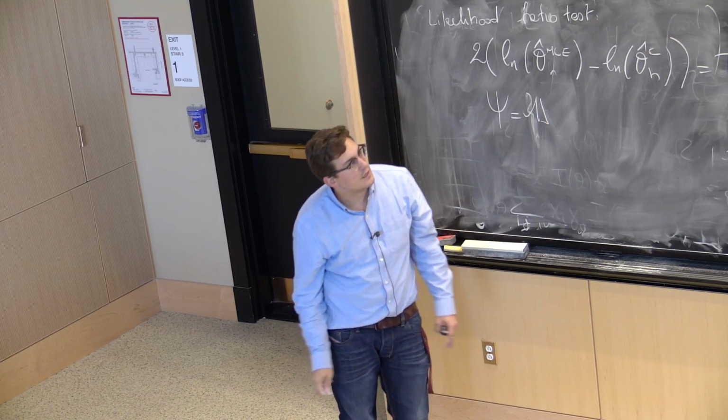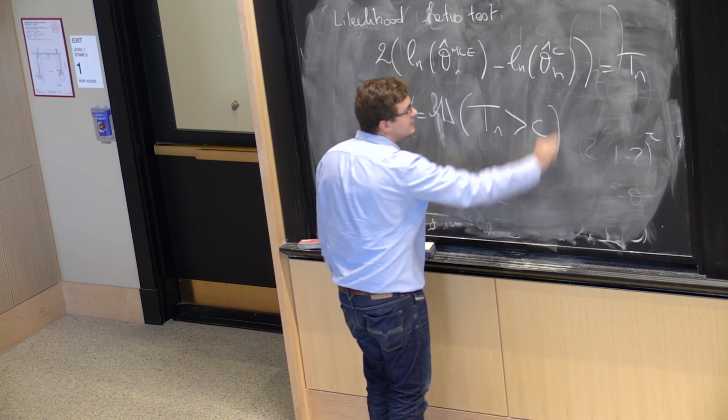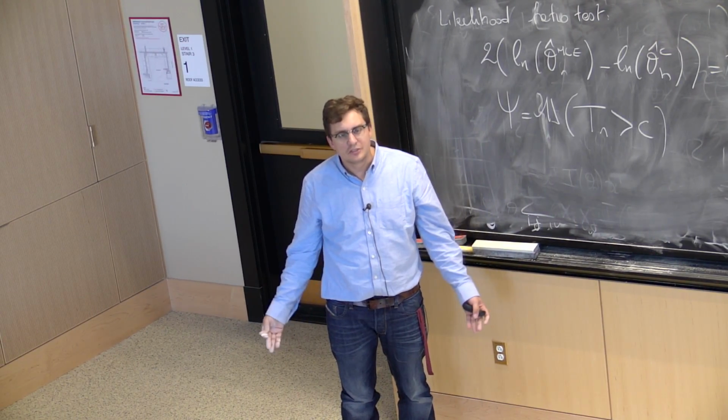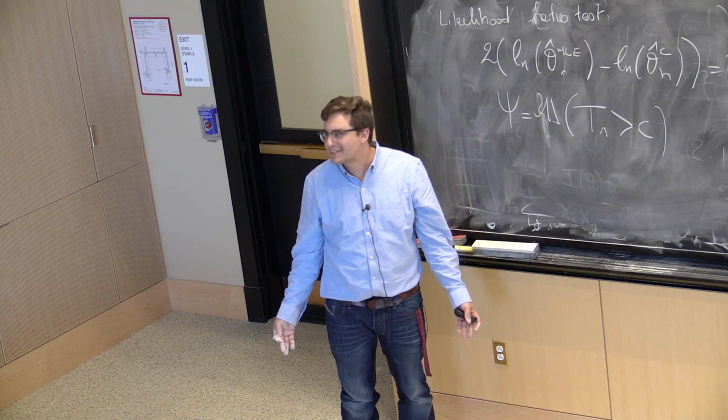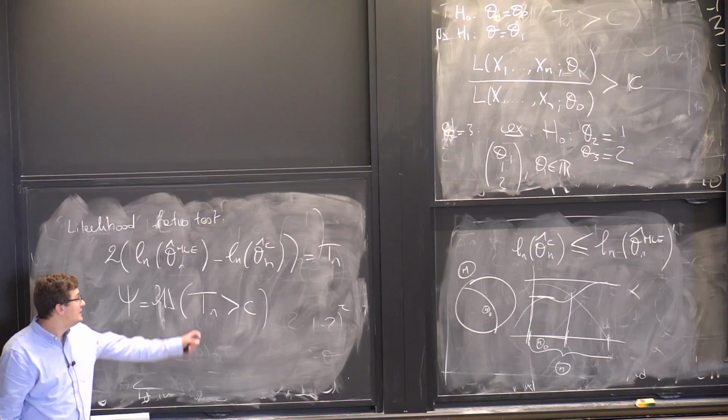Well, it's already there. The natural test is something that looks like the indicator that Tn is larger than C. And you should say, well, we just did that. It is basically the same thing that we just did. Agreed? But the Tn now is different.